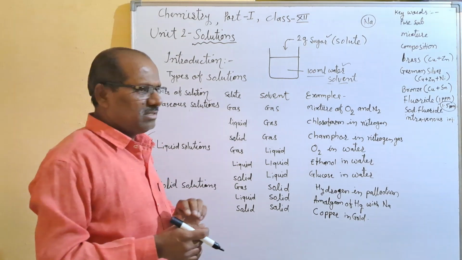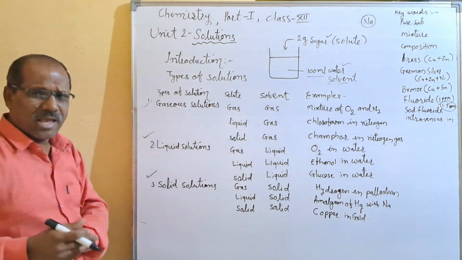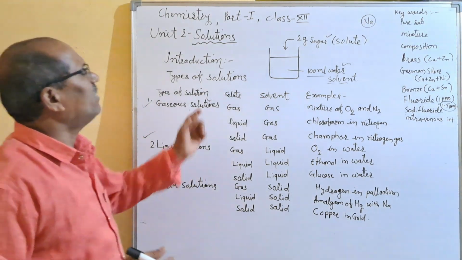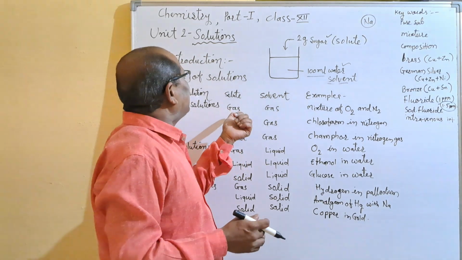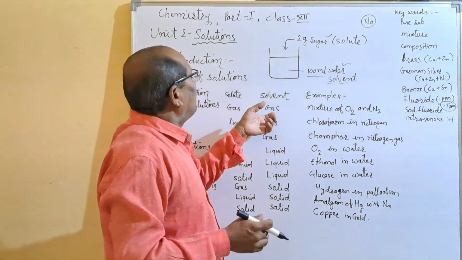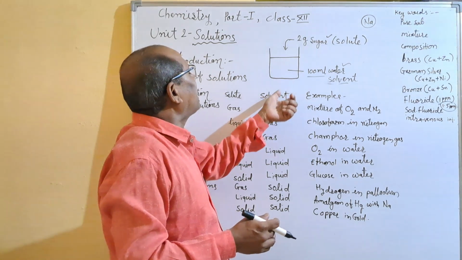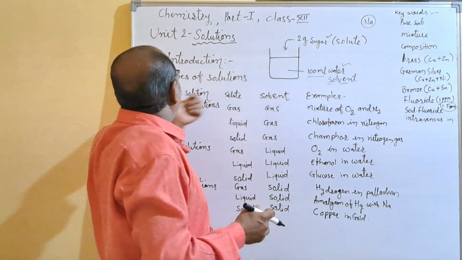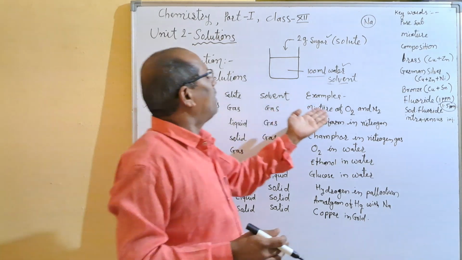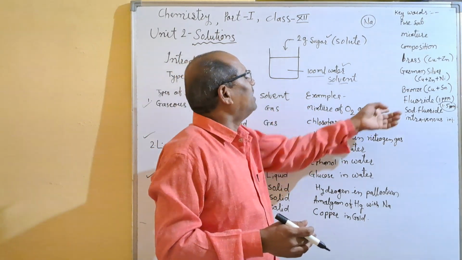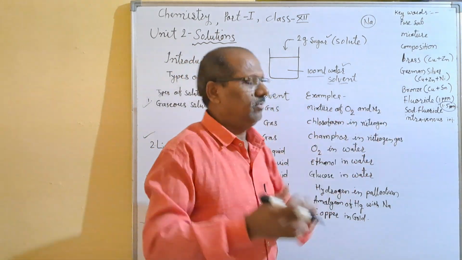Gas in gas is one type of gaseous solution in which a gas is mixed with another gas. The gas in larger quantity acts as the solvent, hence it is a gaseous solution. An example is a mixture of oxygen and nitrogen. In this case, nitrogen will be more.